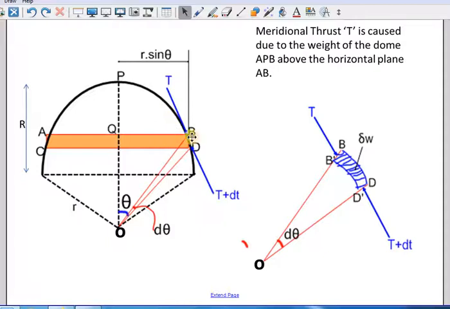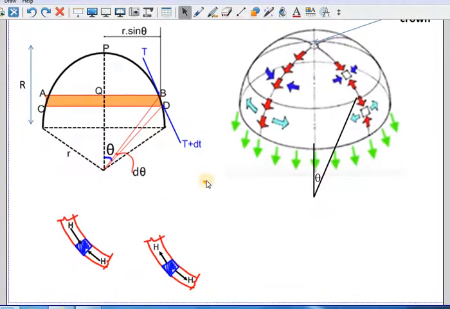Why? Because this thrust will be there, and in addition to that, the weight of this band A, B, C, D will also be there, because of which it will be T plus dt. This angle is theta. As you can see here, here it is theta, and here it is theta plus d theta. So these are the two forces T, and one on the band is H. So it will be like this.